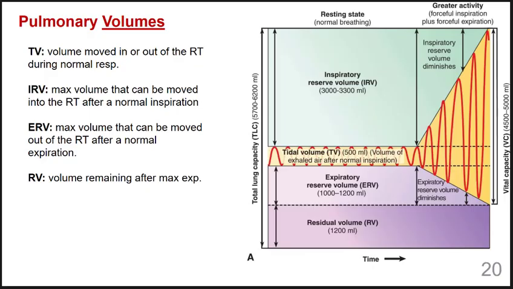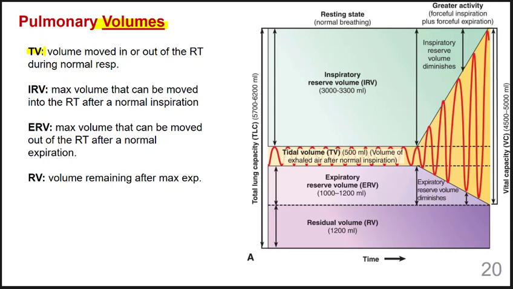We're going to now talk about pulmonary volumes and pulmonary capacities. This is or should be a review from normal anatomy for you, but it is important for you to understand and fully grasp these concepts for this course as well. Starting with pulmonary volumes, we're talking about volume of air with respect to the lungs. We have tidal volume, inspiratory reserve volume, expiratory reserve volume, and residual volume that are all tied in nicely together in this graph.